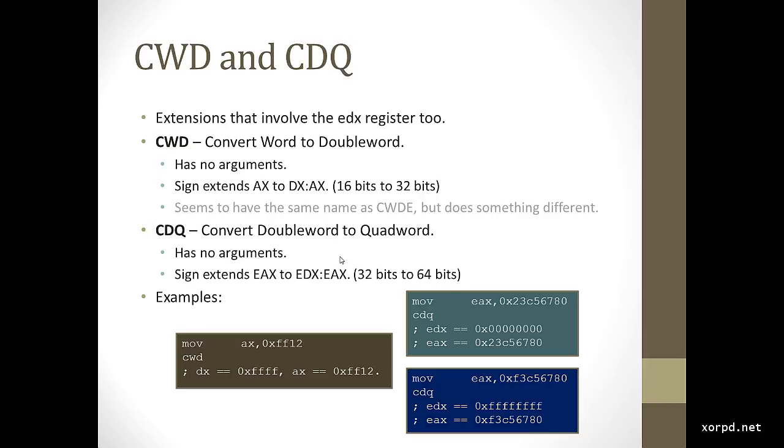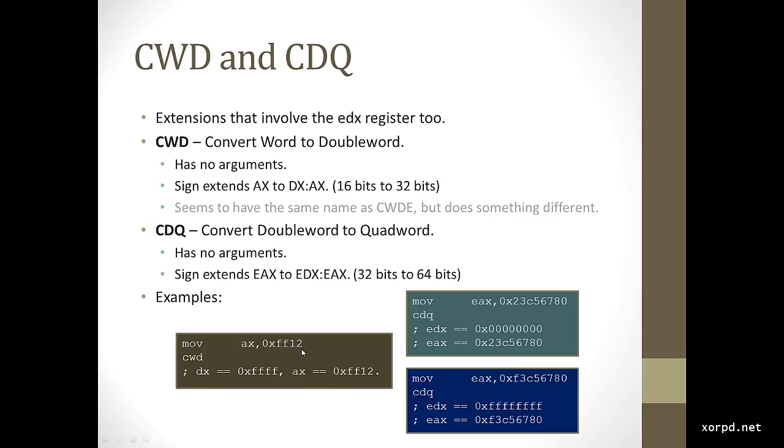Some very simple examples regarding those instructions. In this example we move this number into AX and then we use CWD, which is convert word to double word. This instruction is supposed to extend AX into DX AX.